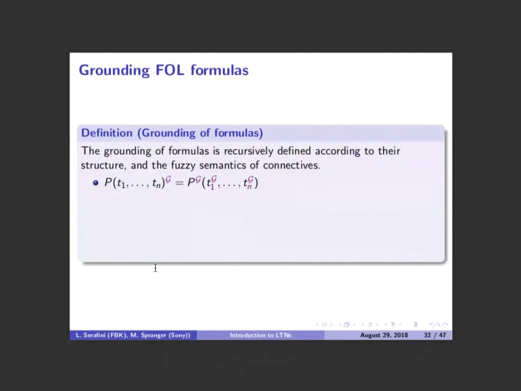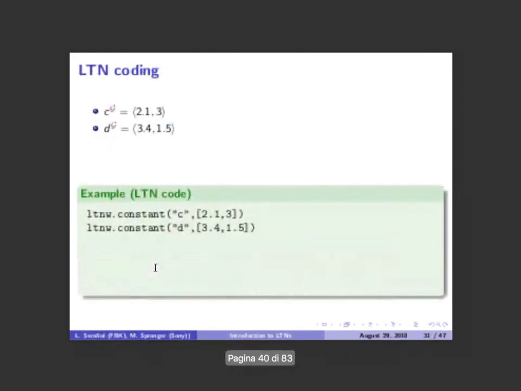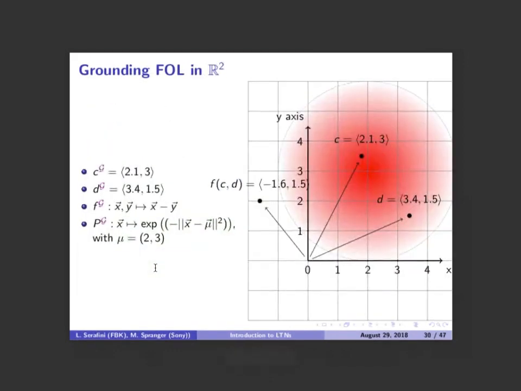Now, the formulas are grounded recursively according to their structure and the fuzzy semantics that I mentioned. So a predicate will have a specific grounding, and in that case, it was just the difference, e to the power of that difference to some mean value.